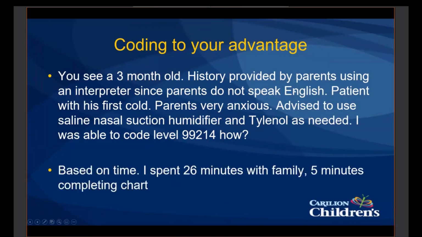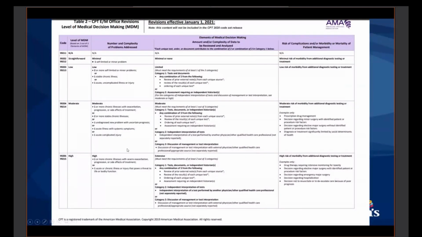All right. So if a newborn has additional issues, if they come in for a weight check, but they also have jaundice and you send a prescription for vitamin D, in that case, it would be a low. You might have 2 or more self-limited or minor problems, and the independent historian.